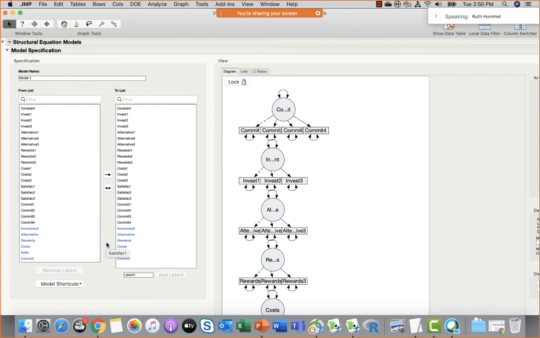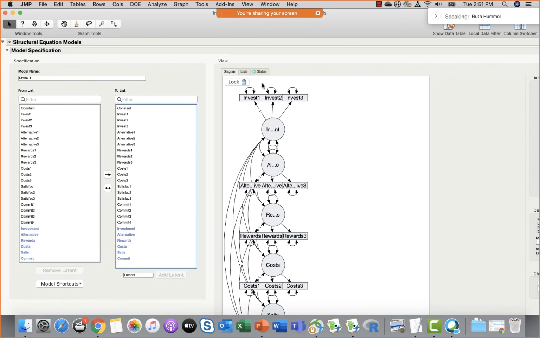So the first thing I might want to do is a confirmatory factor analysis. I believe that these measured variables make up or are representing these latent constructs in the background, and I want to test that. So I've mostly got that built. The one extra thing I would do for a confirmatory factor analysis is I would put in, for all of my latent constructs, these covariances.